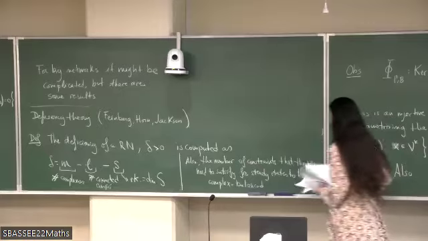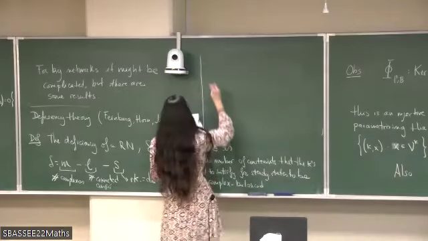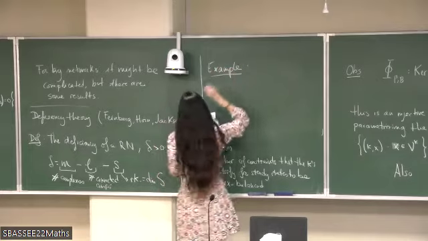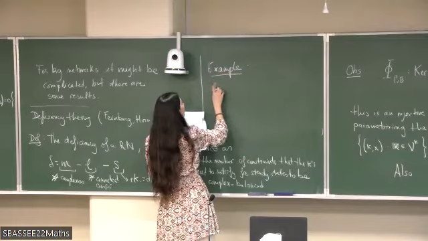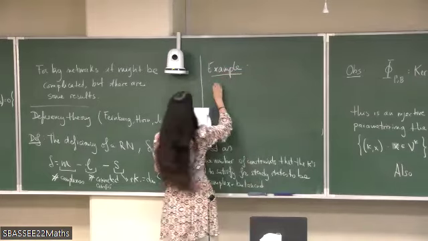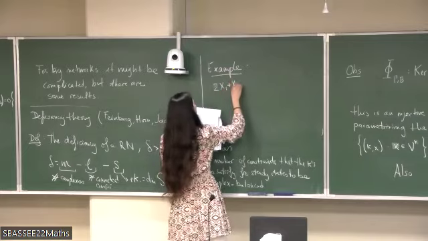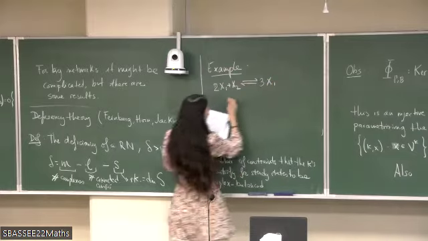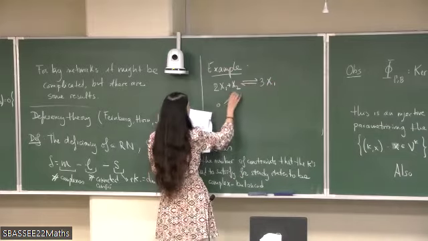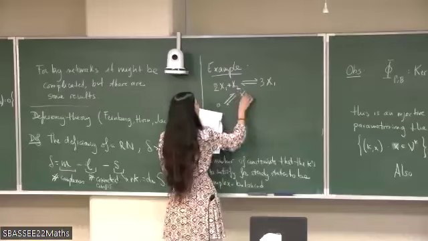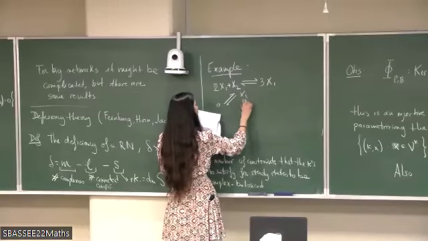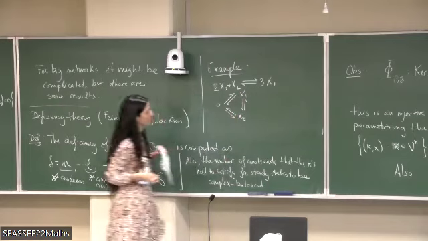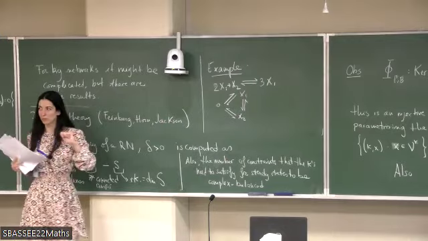Actually, let me give you an example. So this is clear. If I have this network, it has 2 connected components.